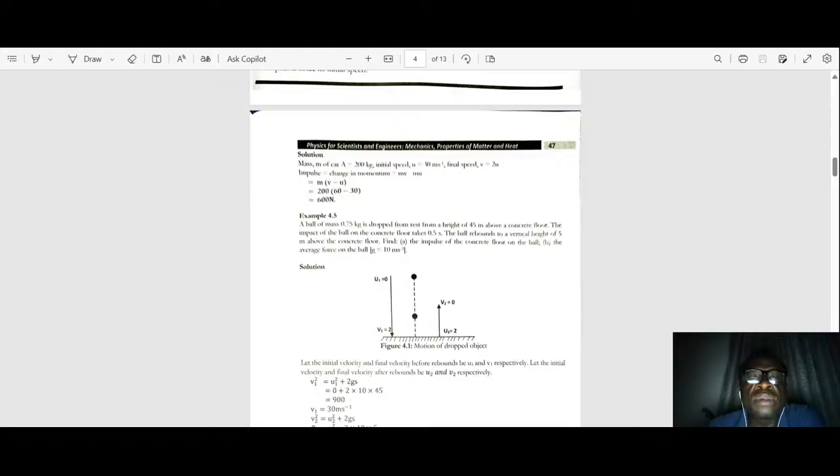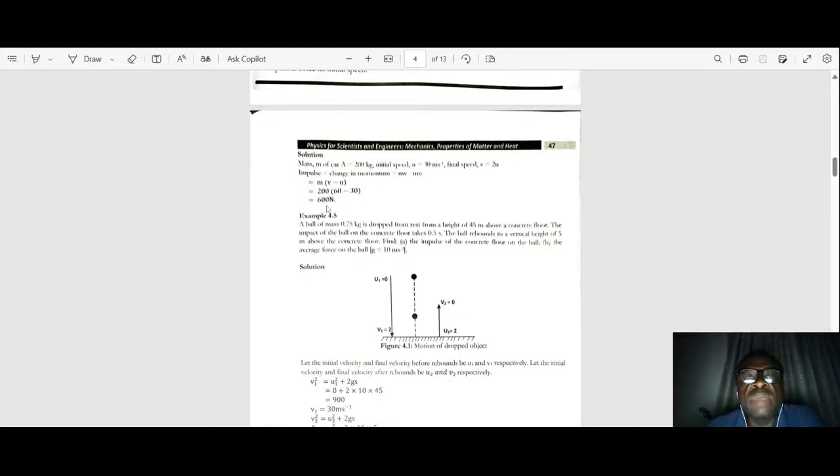6,000 Newton. There should be a typographical error there. Can you see it? There should be a typographical error, because if you multiply 200 by 30, that will give you 6,000 and not 600 Newton.